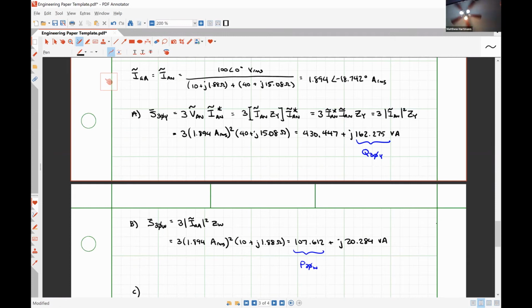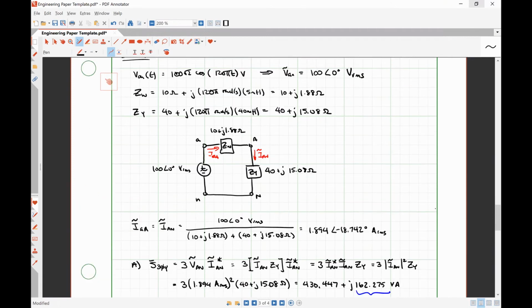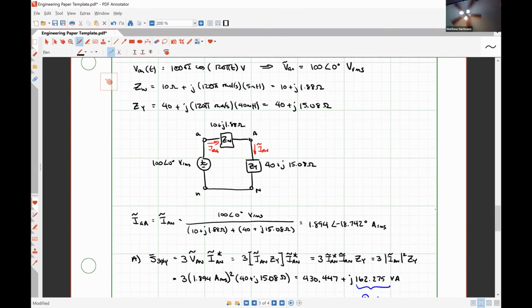So that should be enough, right? Yeah, we know the voltage and we know the current, and the current is flowing into the negative polarity terminal, which is good enough for us.